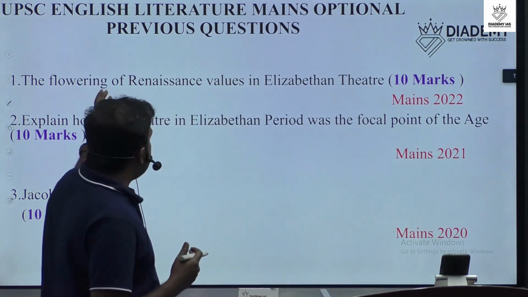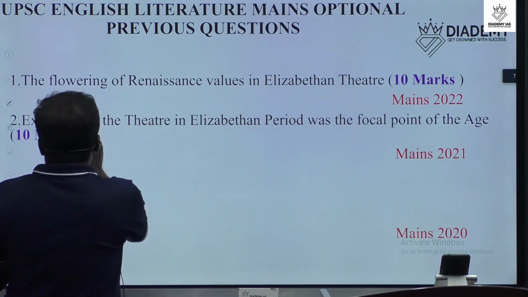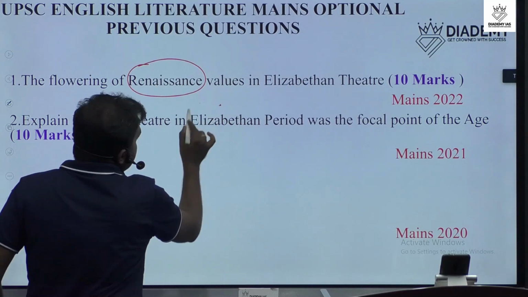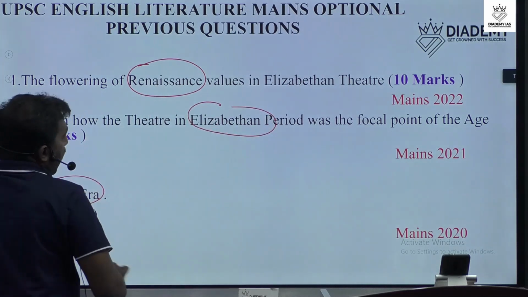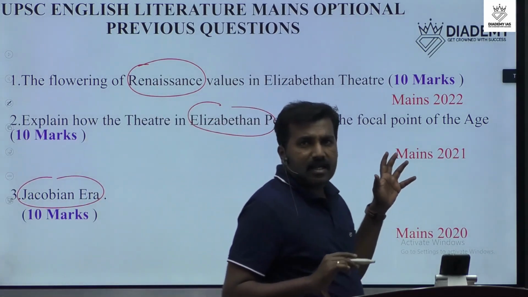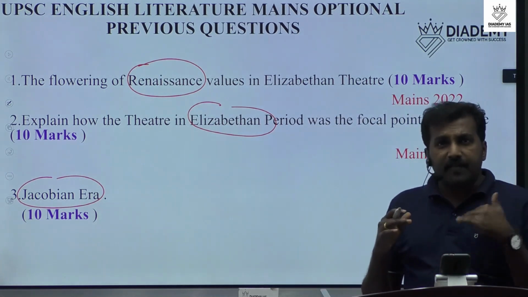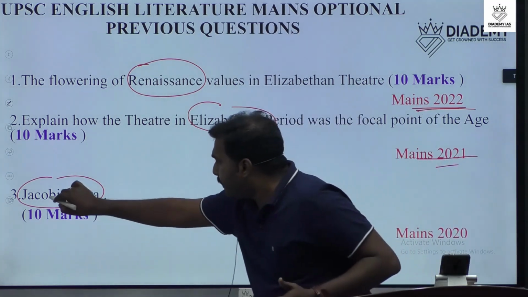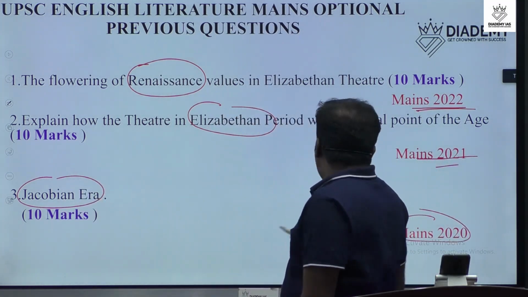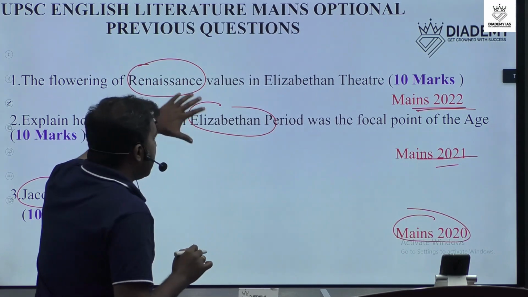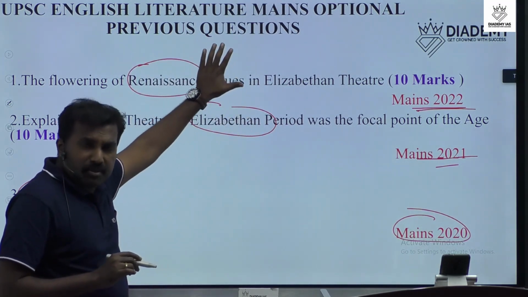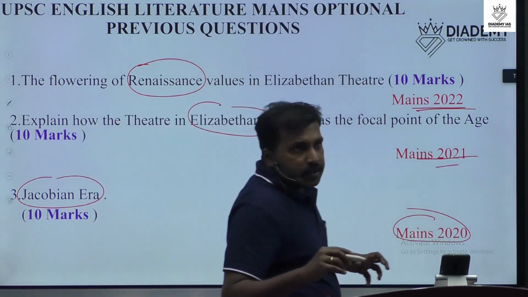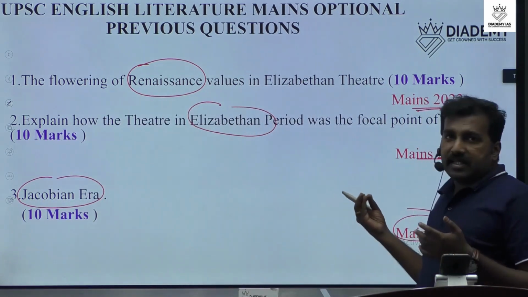And here let's discuss the topic. The topic is Renaissance, Elizabethan, and Jacobean. These three questions are UPSC previous questions from three years, 2022, 21 and 2020. But basically we can say there is continuous repetition of questions from the same area, though the perspective of the question is different.